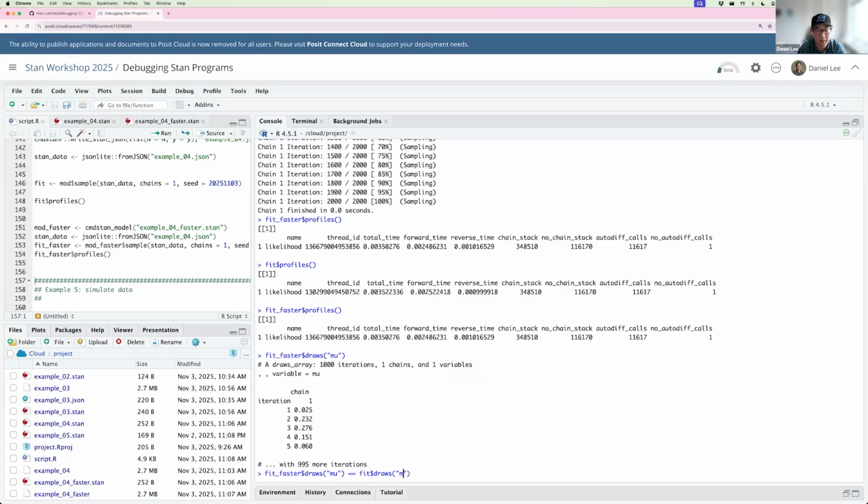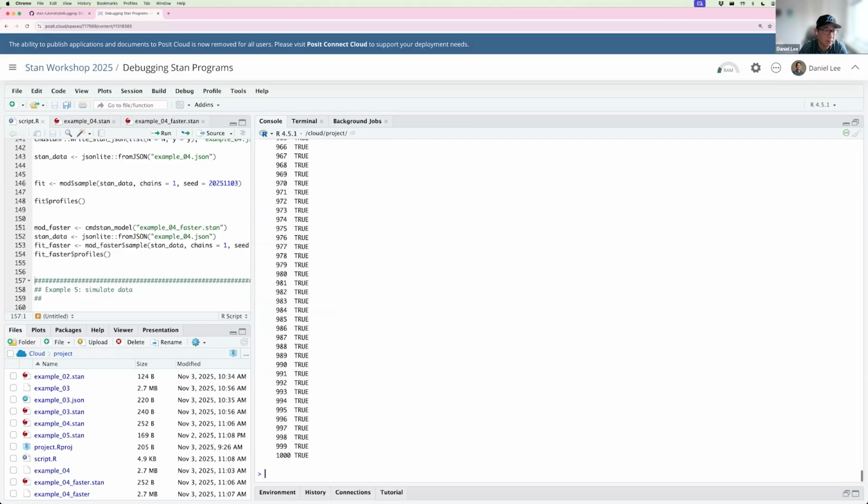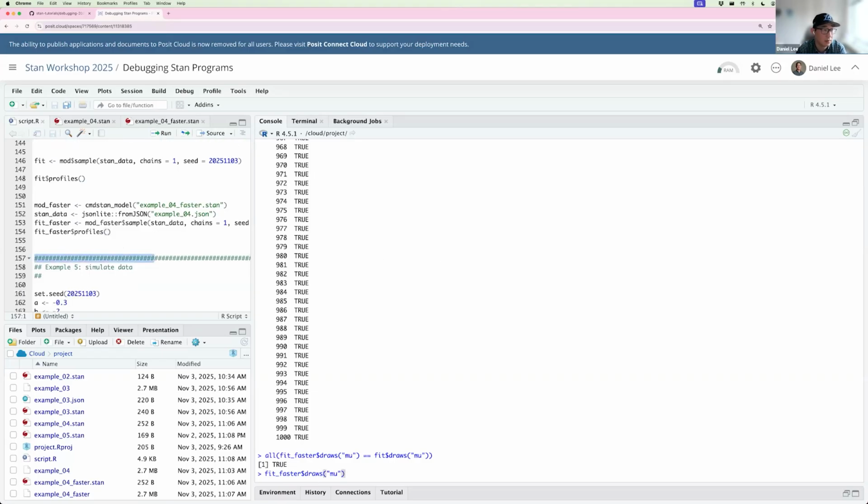I know you're not supposed to compare floating point numbers, but here we're running the same program. Bitwise, it's going to repeat exactly the same process. So that's not going to change. All right, so now what can we do to understand what's going on?